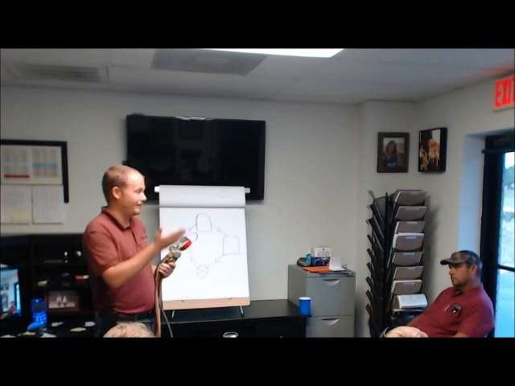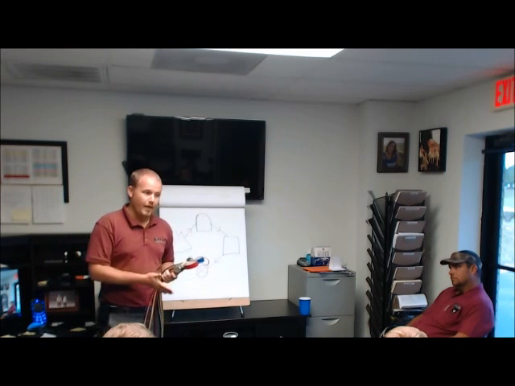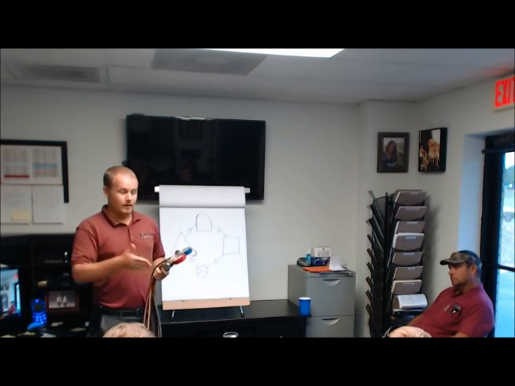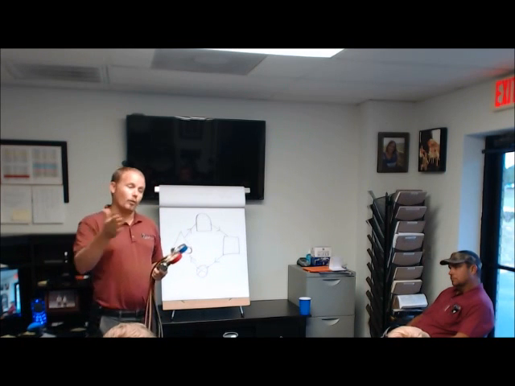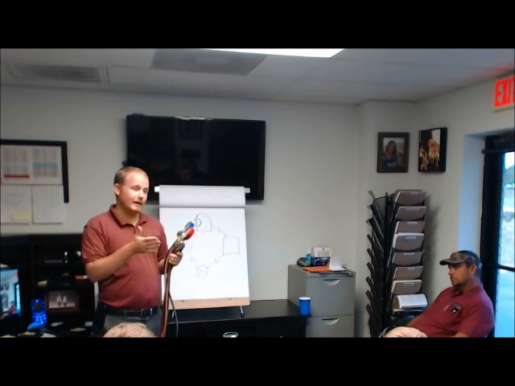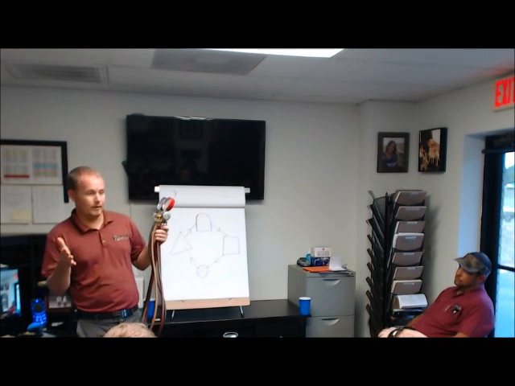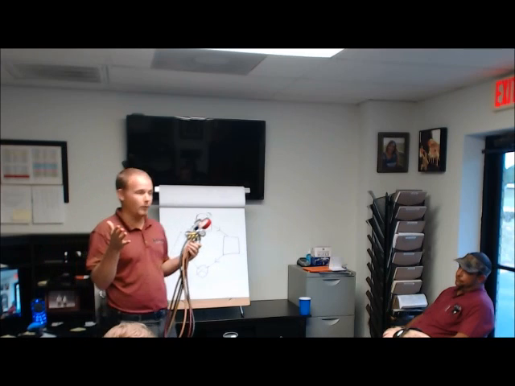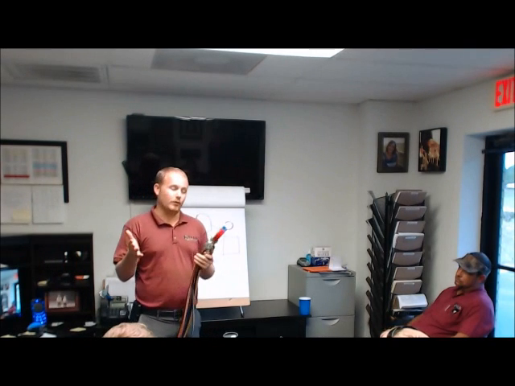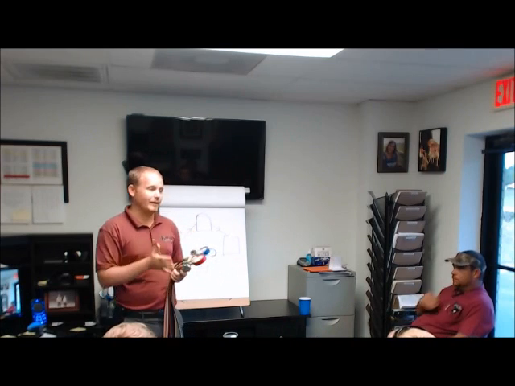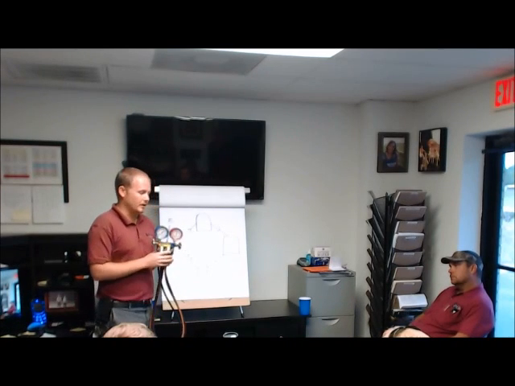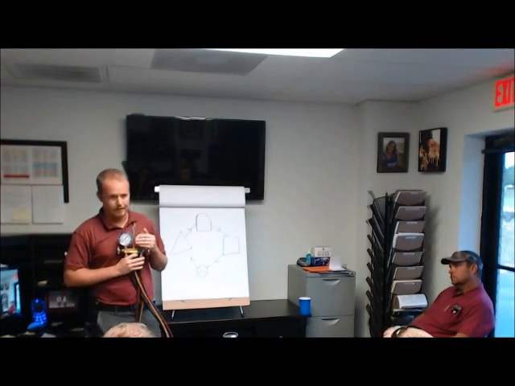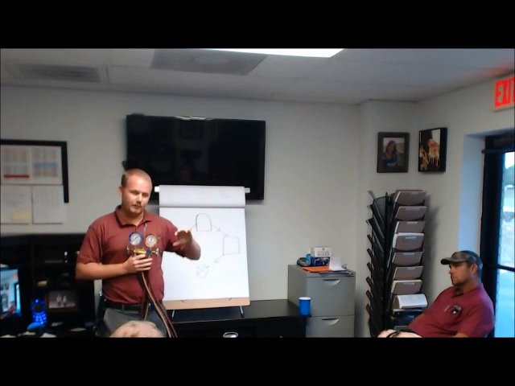Okay, so if we have that constant, knowing what the molecules are, then by knowing either the pressure or the temperature, we can then get an idea of what's going on in the system, whether or not we're in the saturated state, whether we're in the vapor state, or whether we're in the liquid state. And that's what we're trying to establish, because when we talk about refrigerant being in a mixed state, we're saying that both vapor and liquid are existing here.